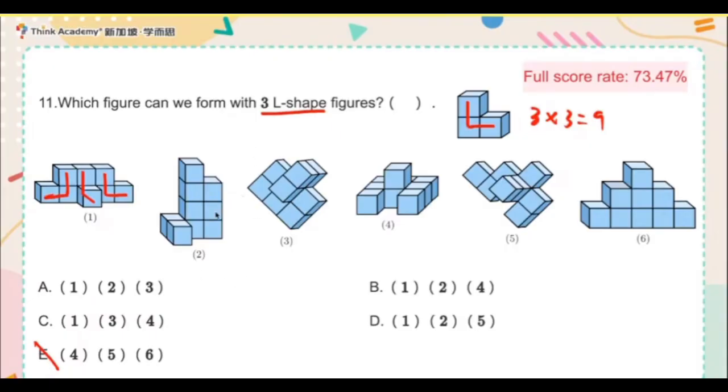How about this one? The second one, which one should it be? Okay, how will it be? Okay, it's like this, right? And then we can see this one, just like this, right?